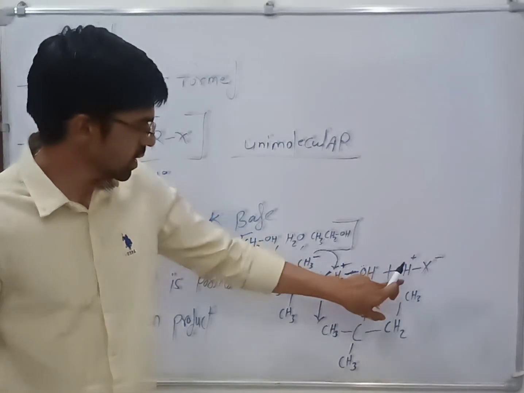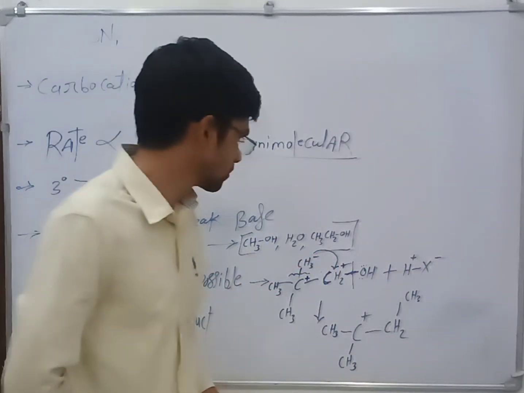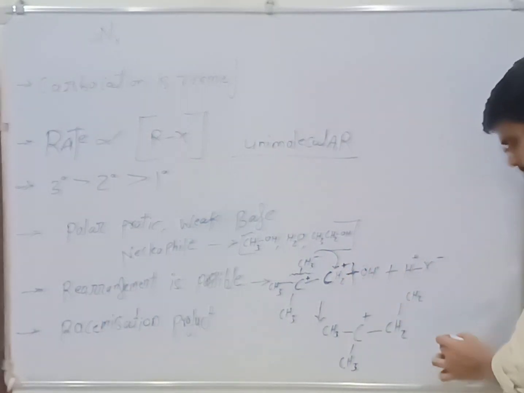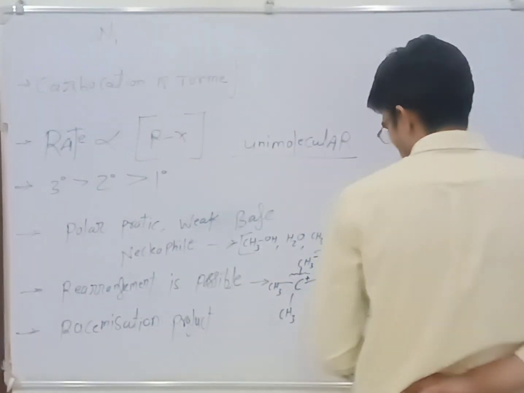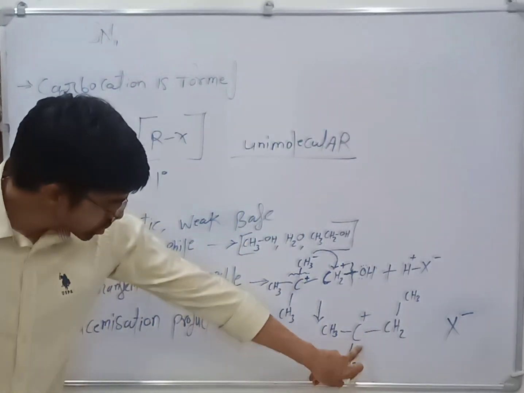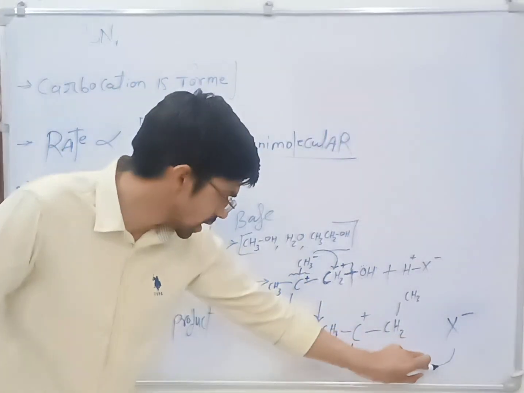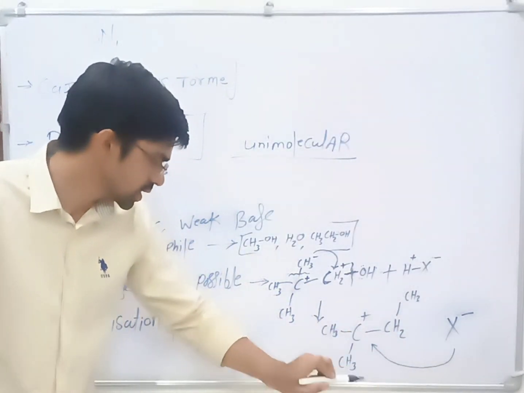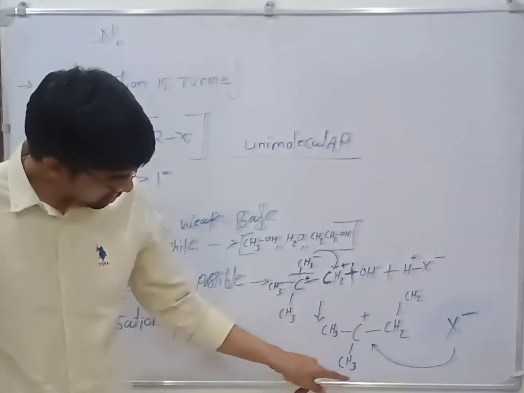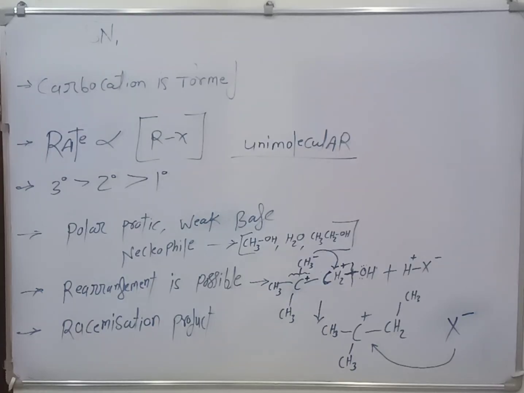This OH minus and H plus will get separated from here. Now this nucleophile X minus will attack directly the 3 degree carbon, not this one. So now this carbocation is a 3 degree carbon, which is a stable carbon. So this kind of rearrangement is possible in the SN1 mechanism.